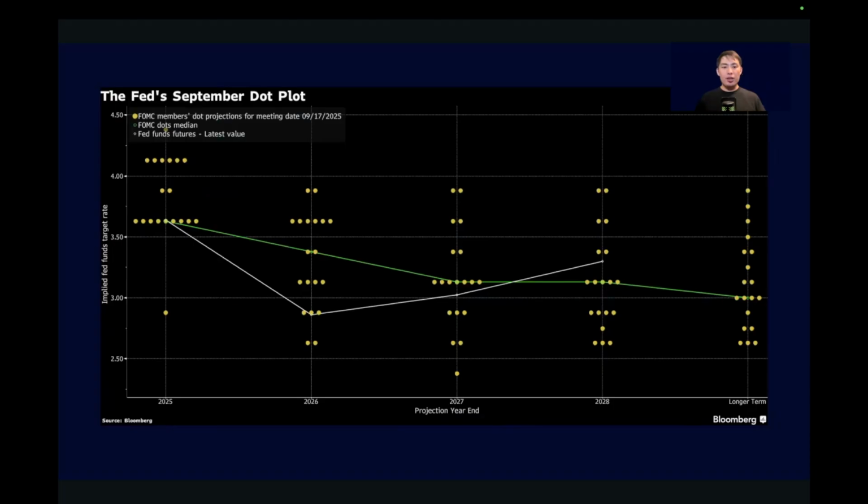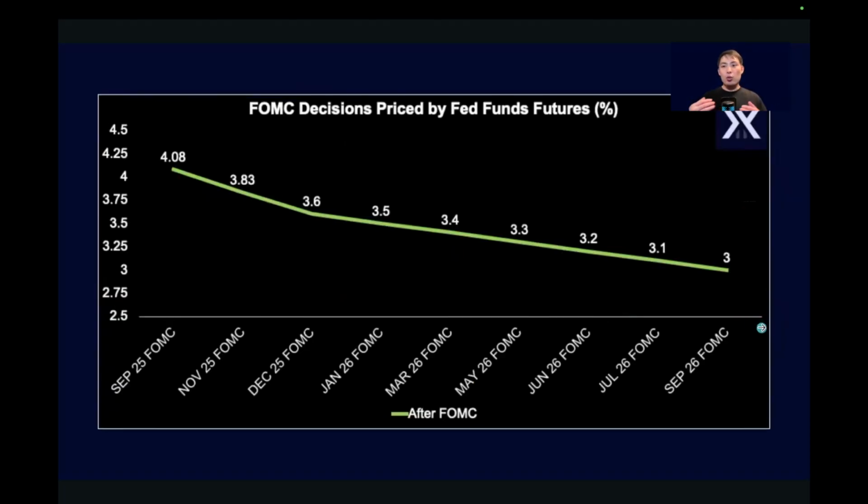Whereas the market thinks we can see maybe 3 more cuts from the end of 2025 by the year end of 2026. And from 2027 onwards, we could see rates plateau or even potentially hiking again because of the inflation resurgence potential.